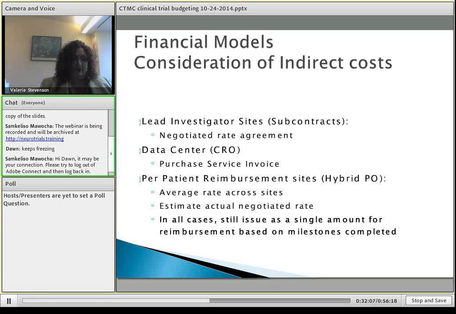You can always consider providing a flat rate payment and then adding people's F&A cost to that, but that's kind of hard to budget for. So if you're going to take this route, it's to your advantage to just provide a flat rate payment. So again, in all cases, what you want to do is just provide a single amount. It's just cleaner that way.